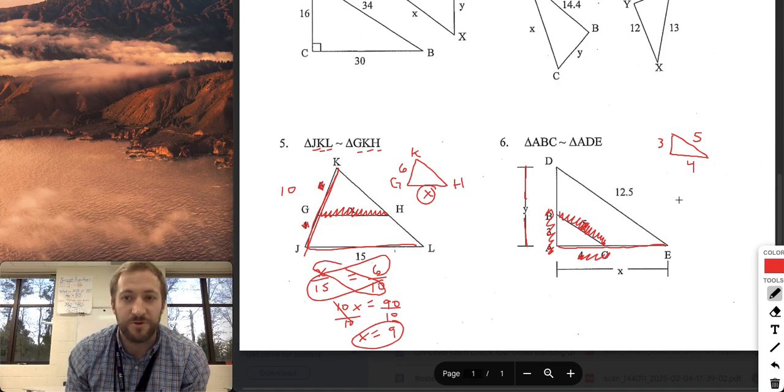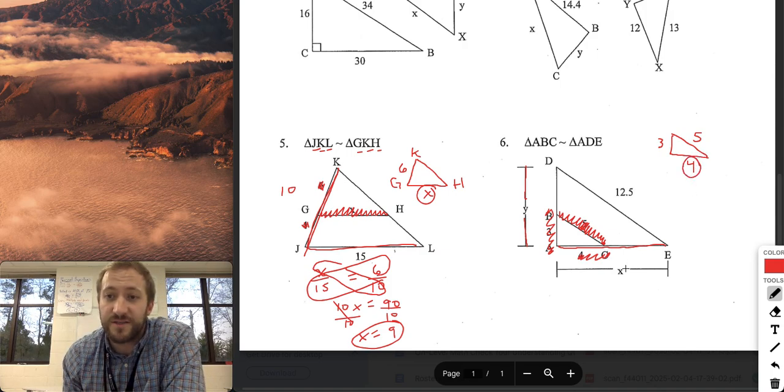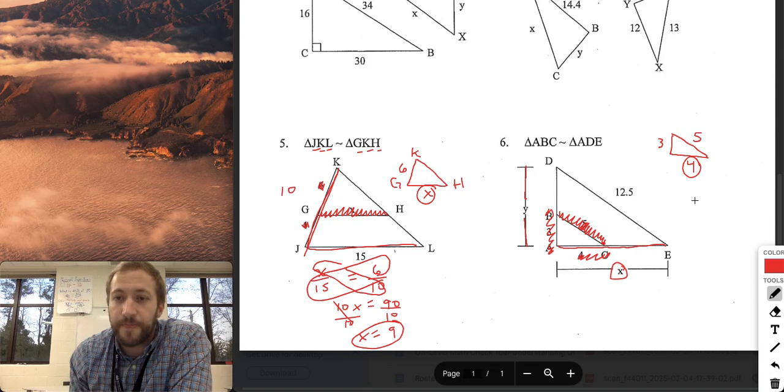Now we can set up a proportion. All right? And again, it doesn't actually matter which one you put on top, new or the old one, as long as we have them on the same shelf. All right? So I'm going to consider the small one the new one. Let's see. 4, that corresponds to x. I'll do 4 over x is equal to, let's pick another set that has 2 numbers, 5 and 12.5.